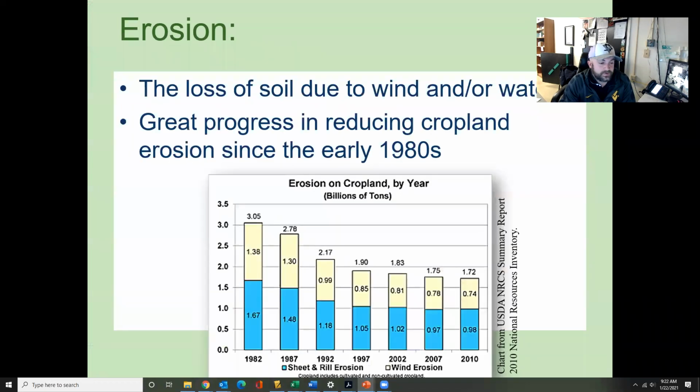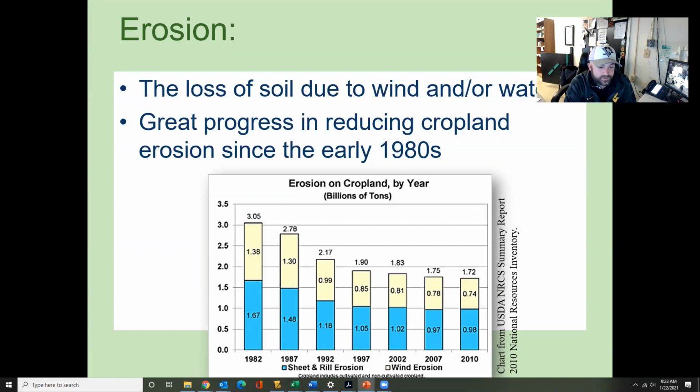So if we take a look at some of the charts here, the chart on the bottom shows erosion on cropland by year. We have wind erosion, which is about 1.38 billion tons, and we have sheet and rill erosion, more from water, on the bottom, which is 1.67 back in 1982.